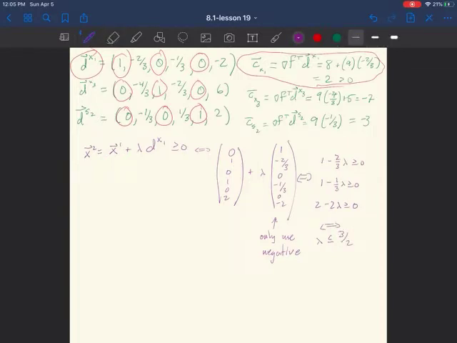Sorry about that, a lot of typos this time around. Less than or equal to 3/2. Lambda has to be less than or equal to 3. And lambda has to be less than or equal to 1.